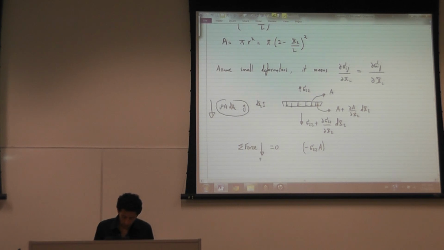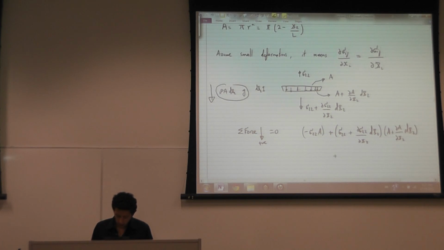Plus the stress is equal to this, multiplied by the area, plus rho A dx2 g is equal to 0.